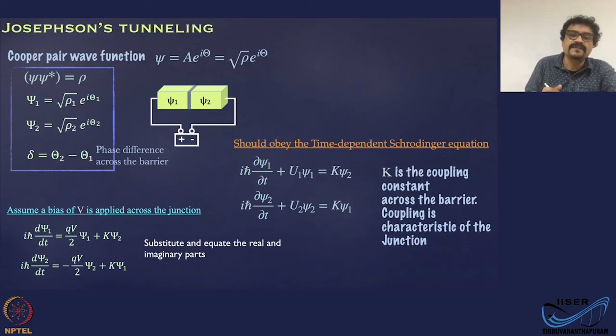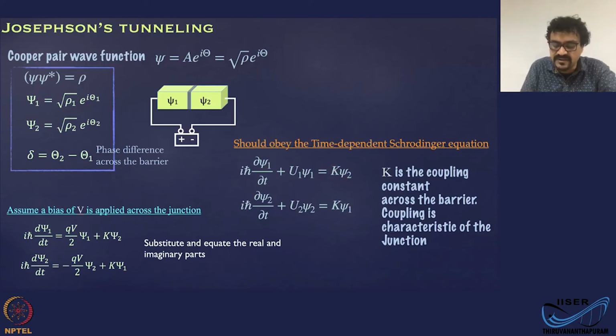Now, let's write down the Schrodinger equation for the system. This is a time dependent Schrodinger equation where i h bar d psi1 by dt equals U1 psi1 plus K psi2, where K is the coupling constant.